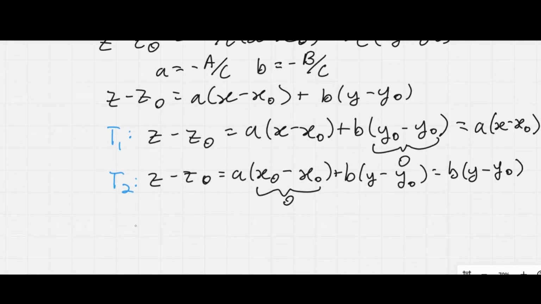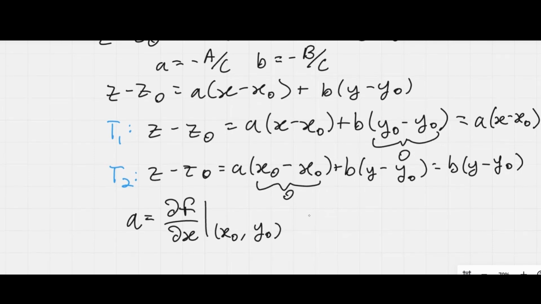Let me write that down real quick. So basically a is going to be del f del x, the partial derivative of f with respect to x at a given point, that point being x naught, y naught. Similarly, the value of b is going to be the partial derivative of f with respect to y at a given point, again x naught, y naught.